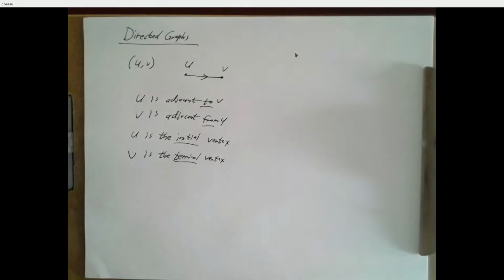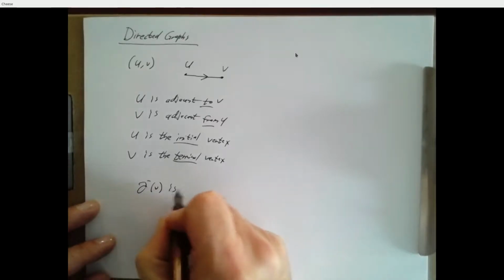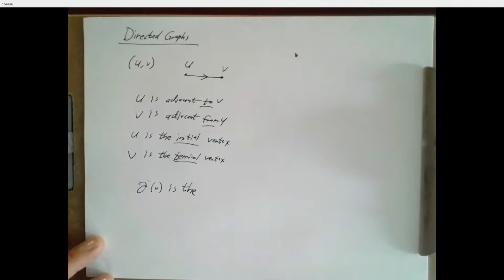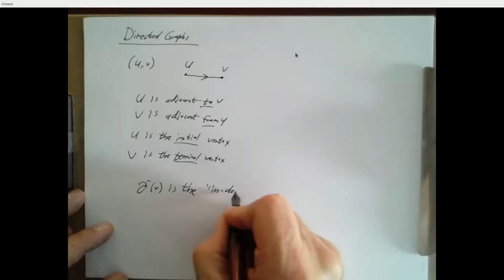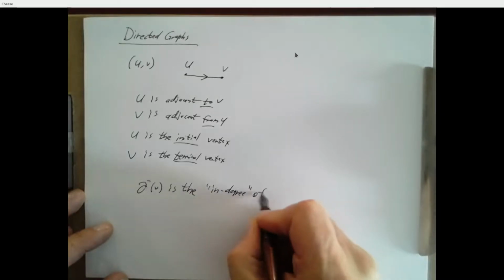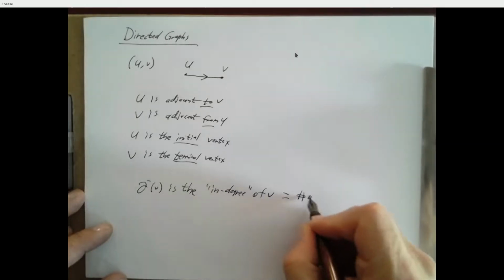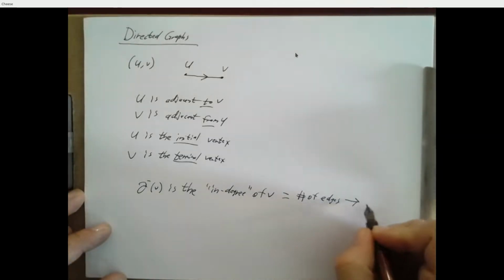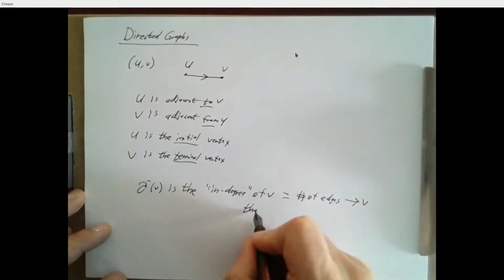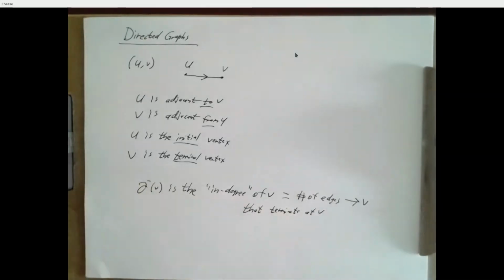So now we have to modify our definition of degree. So we can do our hunchback D with a little minus sign on top. And this is the in degree of vertex V, which equals the number of edges that terminate at V, or that have V as their terminal vertex.